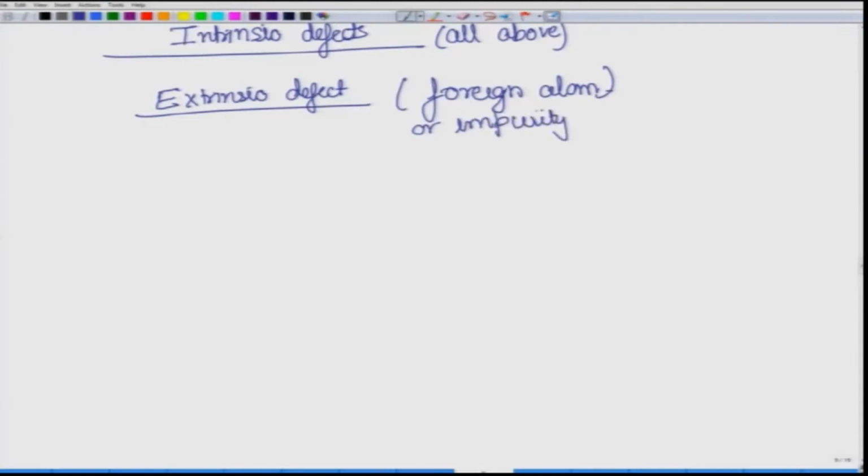Now, when we are talking about impurity, there are a few things to note. We are talking about a very small concentration. We are not increasing this concentration to the extent that we have to discuss solid solubility. We are much below that limit, and that is something we have to remember whenever we are talking about impurity.